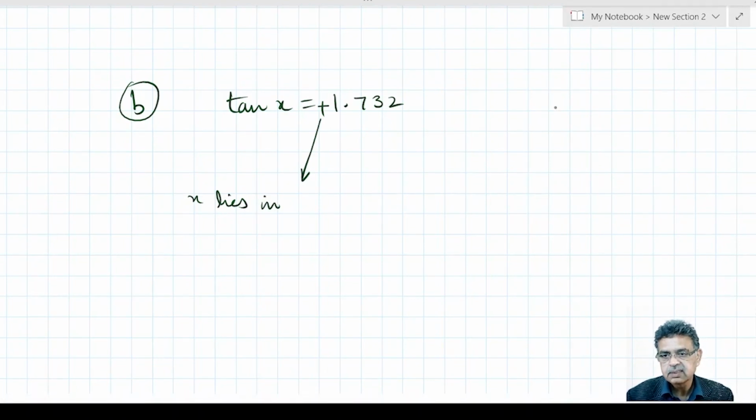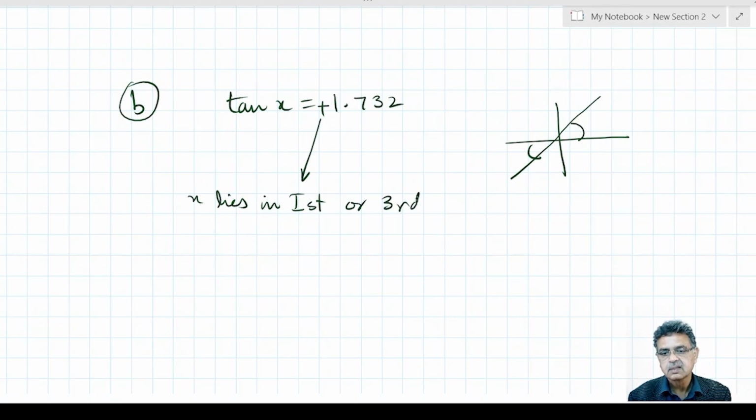Which two quadrants does x lie in? Positive tangent is always in first quadrant and third quadrant. In first or third quadrant.